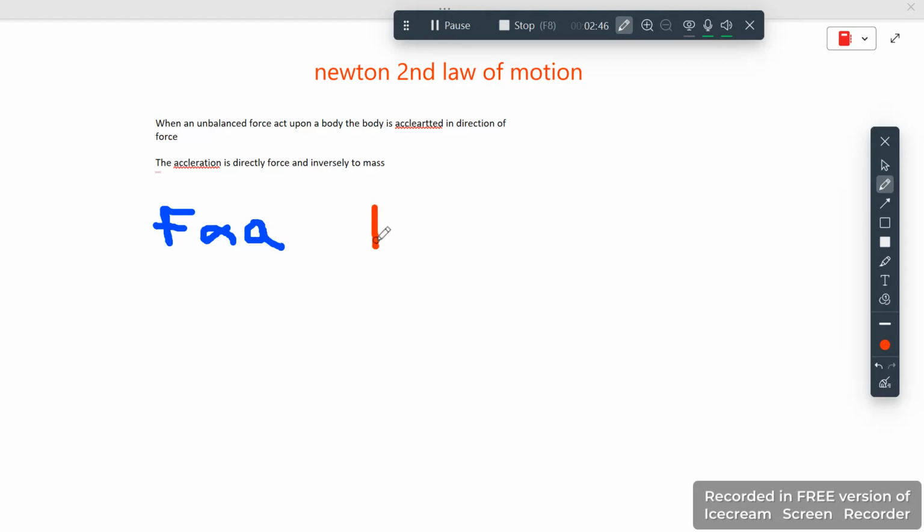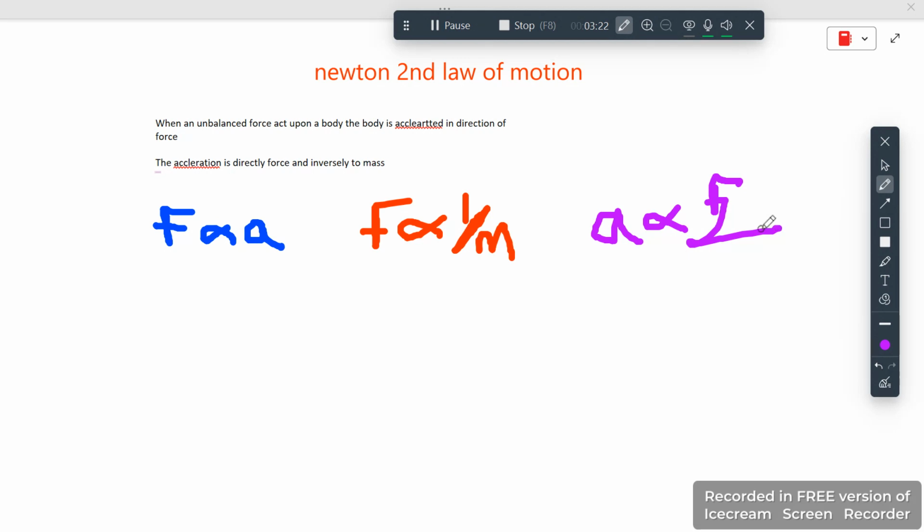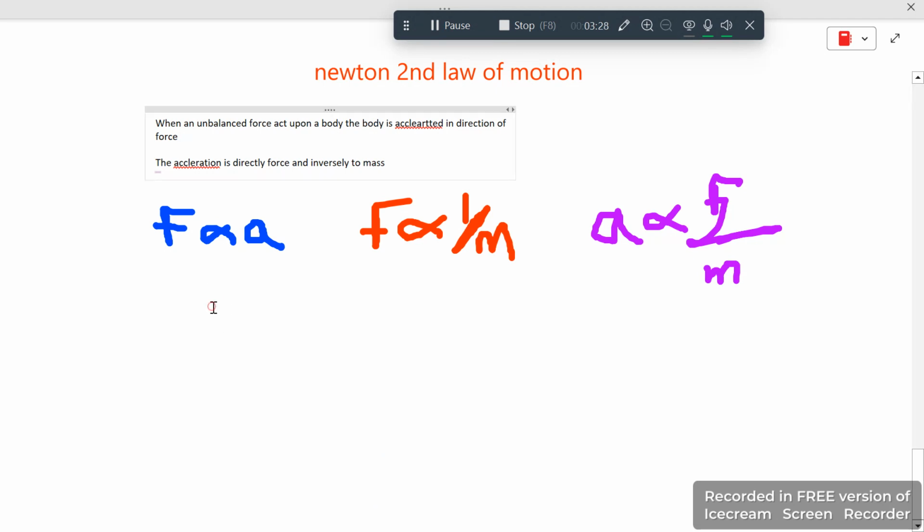And another thing I just told you, acceleration is inversely proportional to the mass, so we'll write 1 upon m. This can also be written mathematically as: acceleration is directly proportional to force and inversely proportional to the mass m.